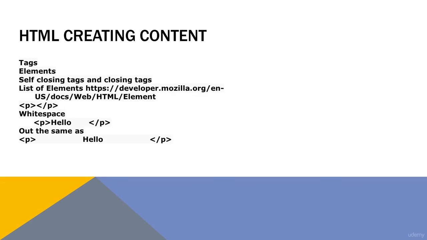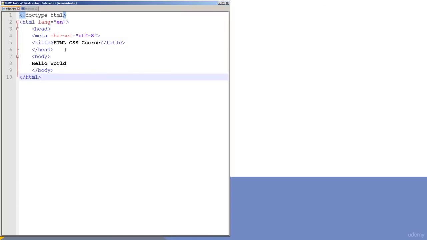When I'm talking about tags and elements, the difference is that a tag is essentially this P with the brackets around it, but when we have a P and a closing P and some content in there, then this becomes an element. So those tags become elements when we've got content within them. We also have such a thing in HTML as self-closing tags, and those are tags that don't have a closing tag.